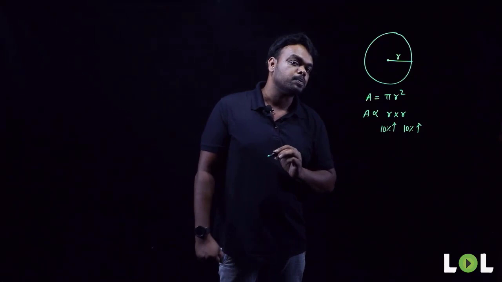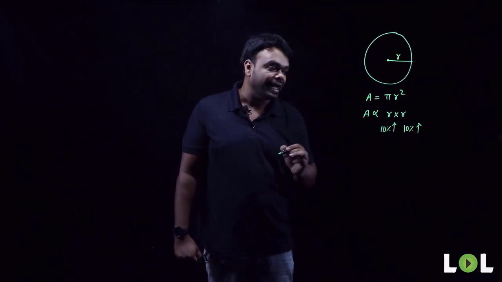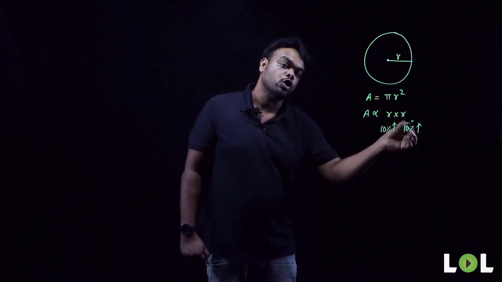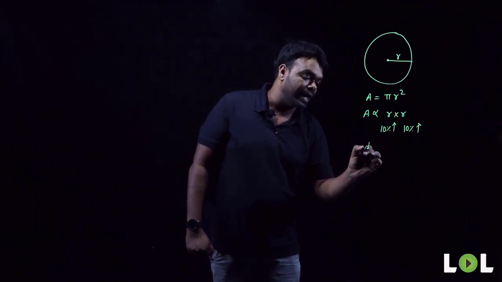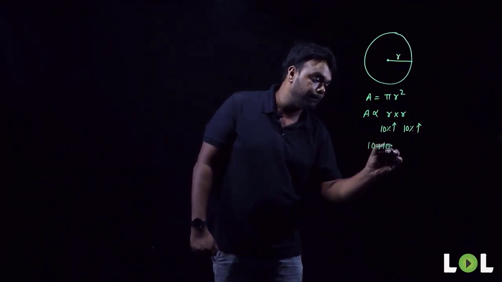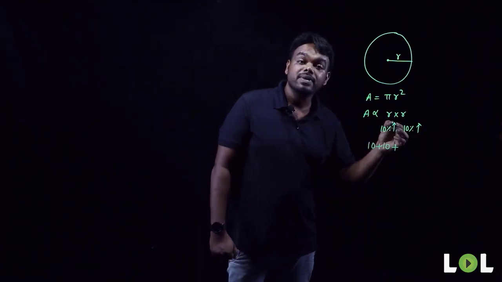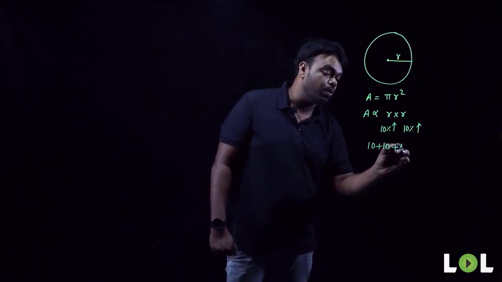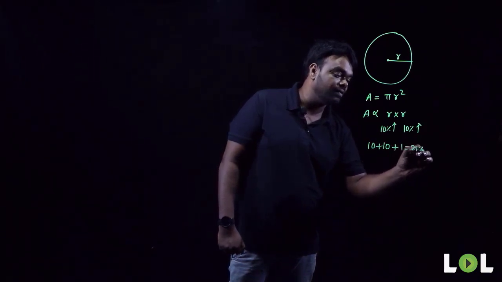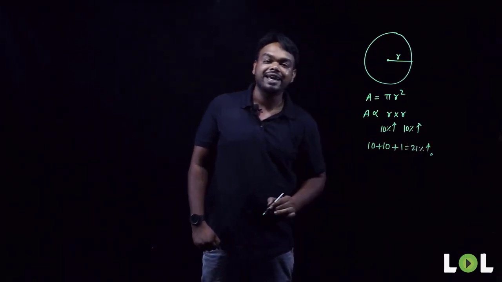By applying x plus y plus xy by 100, x value is 10, y value is also 10. So x plus y is 10 plus 10, plus x into y, which is 10 into 10 divided by 100. So 100 by 100 is 1. Altogether we should get a 21% increase in the area.